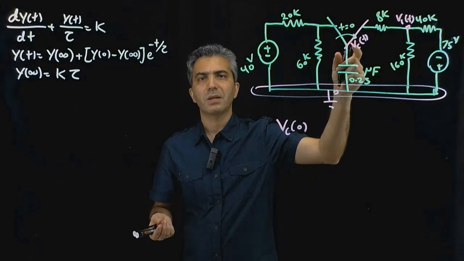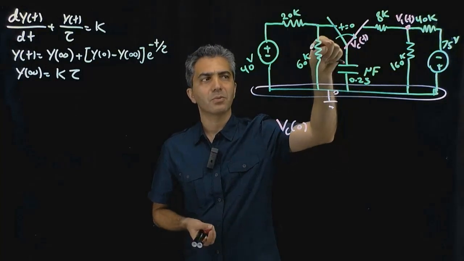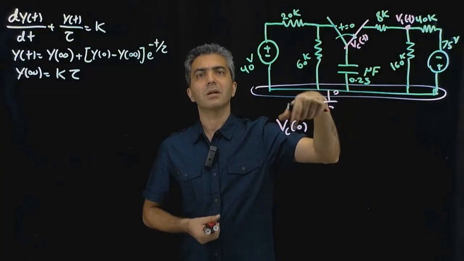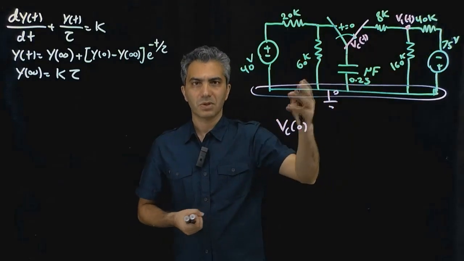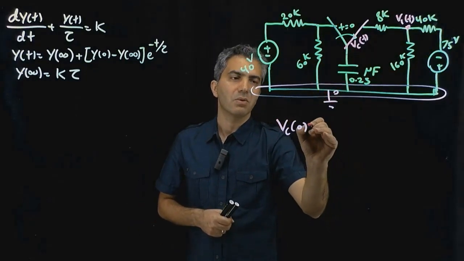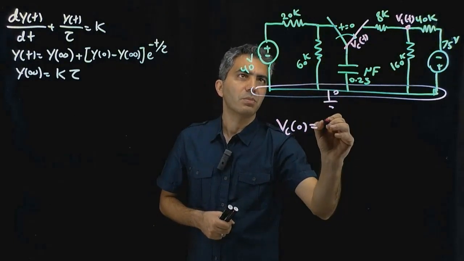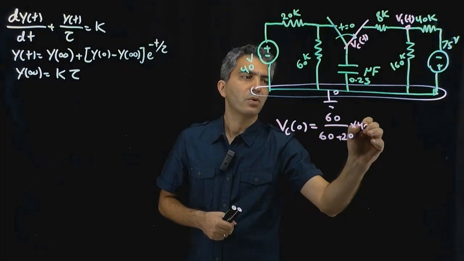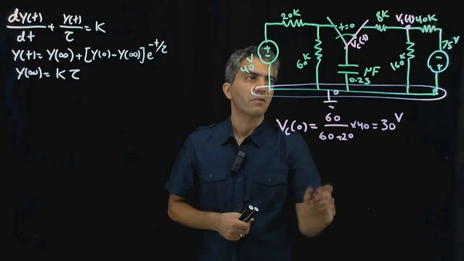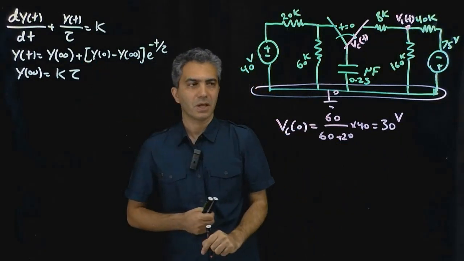The assumption is we have waited long enough for the capacitor to be considered an open circuit. In other words, there's no current passing through the capacitor because the voltage is constant, and the derivative of a constant, which is the current, is 0. And with that, you're dealing with a voltage divider, so that would be 60 divided by 60 plus 20 times 40, which is 30 volts. So now that is the initial value that we need for that equation.